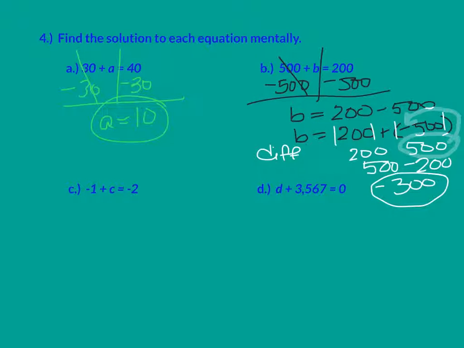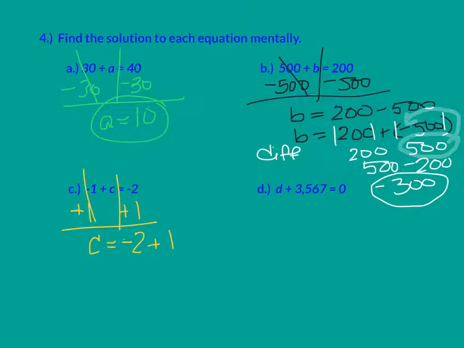Next, I've got -1 plus c equals -2. What's the opposite of -1? Well, obviously that's +1 on both sides. -1 plus 1, they cancel. I'm left with c equals -2 plus 1.